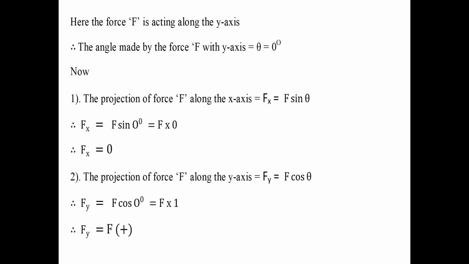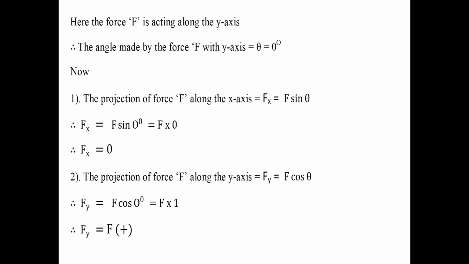So this is the 19th condition. When the force F is acting along the y-axis, for that force, the x-axis projection Fx is 0. The y-axis projection Fy is equal to F. Whereas in the 17th and 18th conditions, the force F is acting along the x-axis.